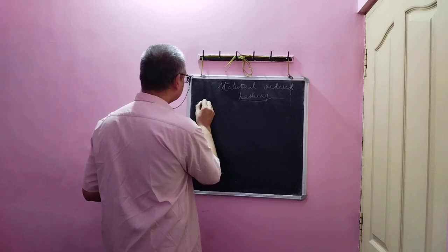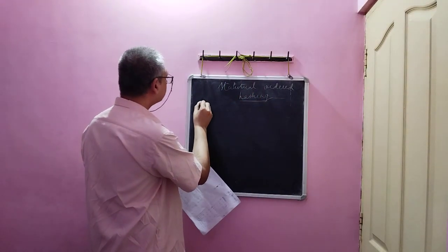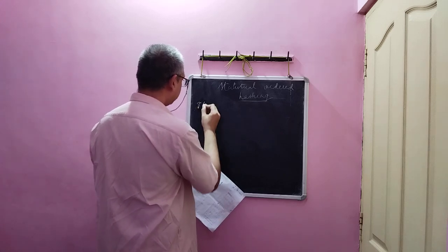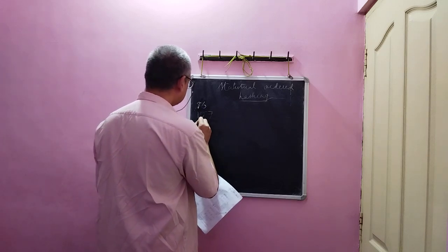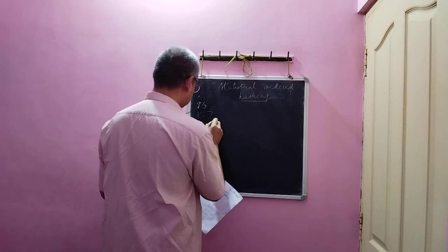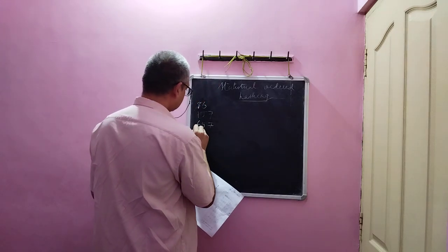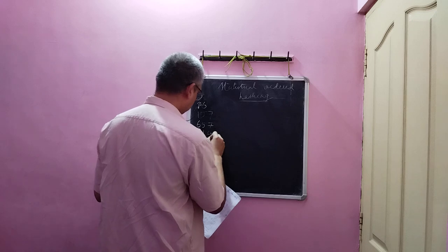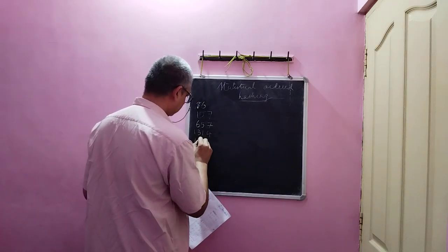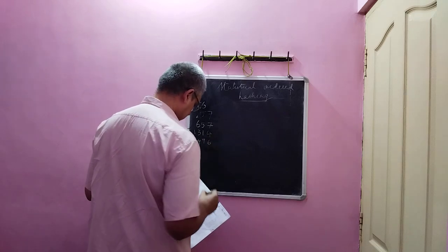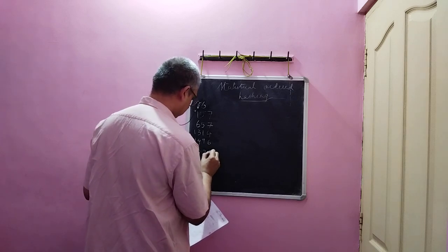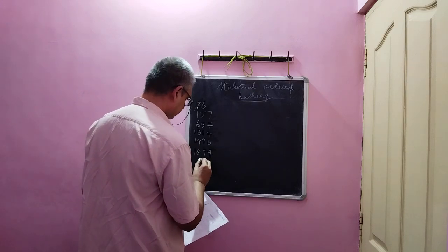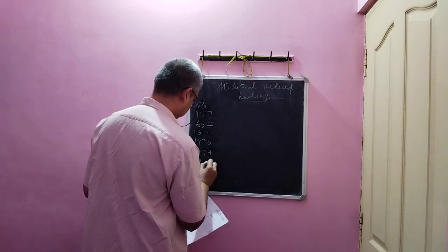First one is, you have here the values 86, 157, 657, 1314, 1496, 1879, 3225.